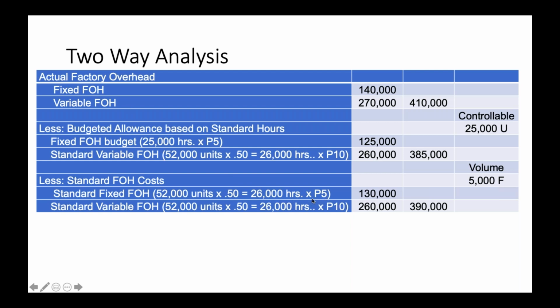So 26 times 5 pesos, that's 130. Standard variable, copy and paste, 260. So we have 385 versus 390. The budgeted allowance is less than the standard FOH. We have 5,000 favorable.